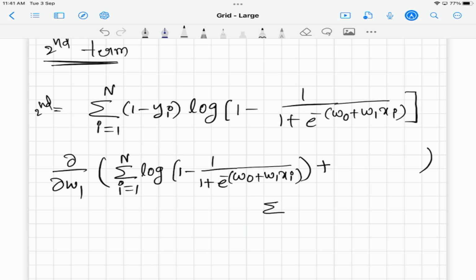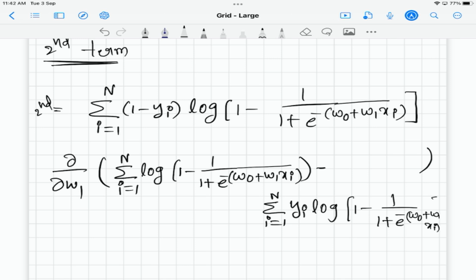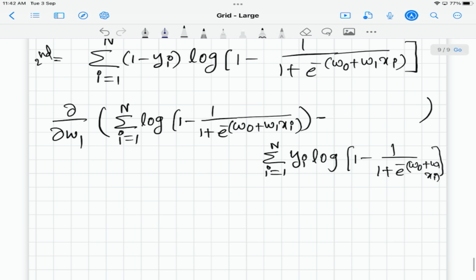Plus, see, just split these two terms. Okay, sorry, here you'll have minus. Just split these two terms, then you will have yi into log of 1 minus... yes, so now apply derivative for these two terms.